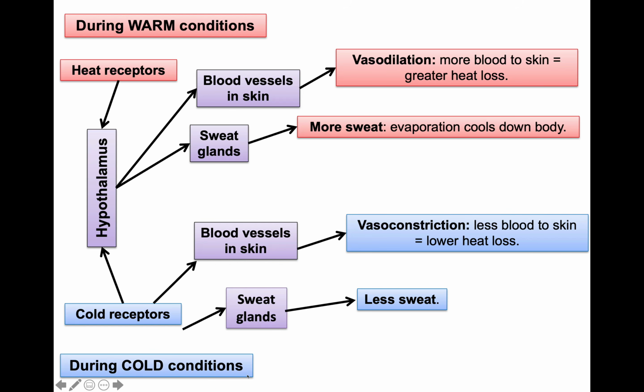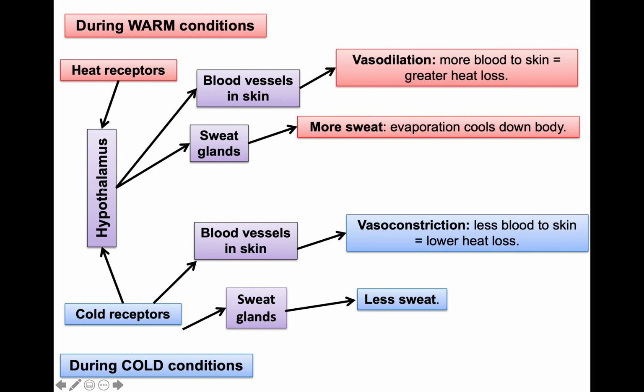Now, when temperatures drop or when it's cold, what happens? Now, the opposite will occur. The first thing that would happen is vasoconstriction. But where is that message coming from? So when the temperature drops and it becomes cold, what happens? The cold receptors will pick up this stimulus, right? And send a message via the neurons to the hypothalamus of the brain.